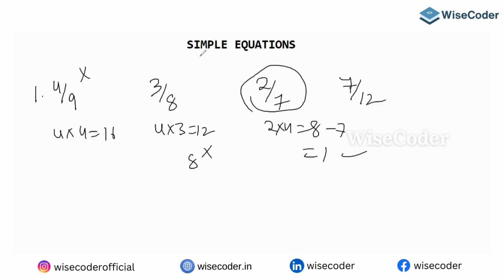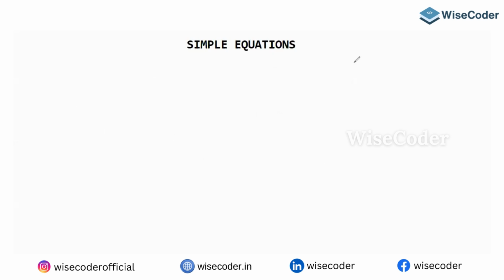There are 500 notes and 100 notes. How many 500 notes does he have if he has a total of 22 notes with him? So please understand the situation.